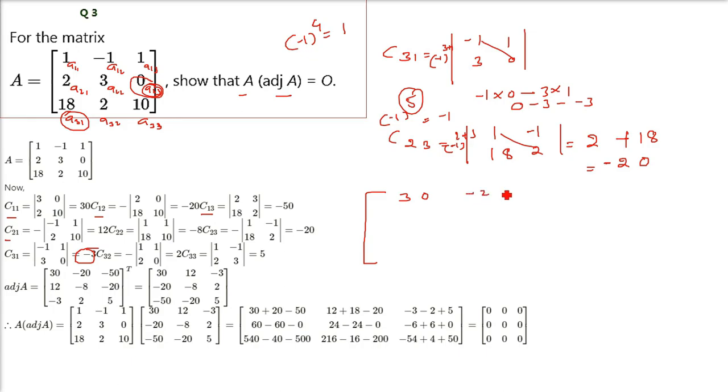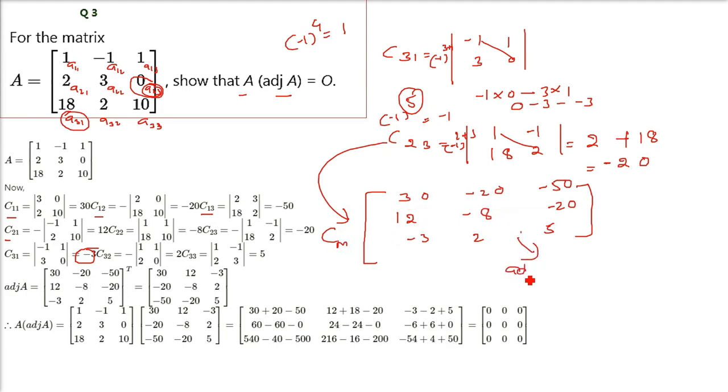So finally you will arrive at this matrix. This is still not the adjoint. I'm writing that matrix just to let you know that this is the cofactor matrix. Now you have to take the transpose of this matrix. That is, the row you have to make the column, and the column you have to make the row. Then only adjoint A will come.